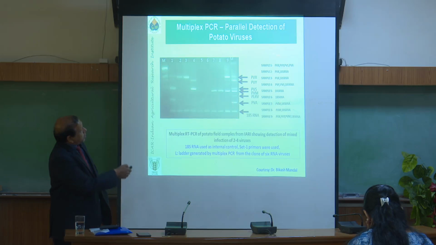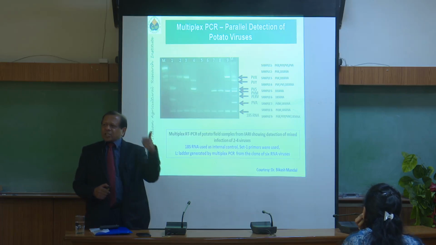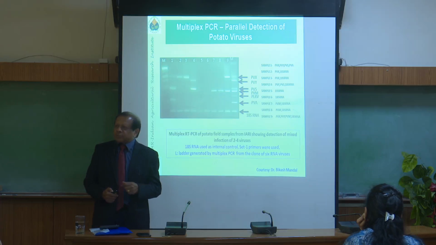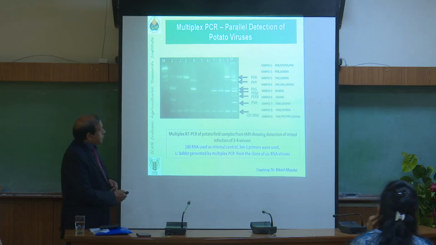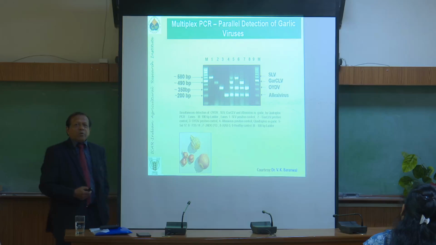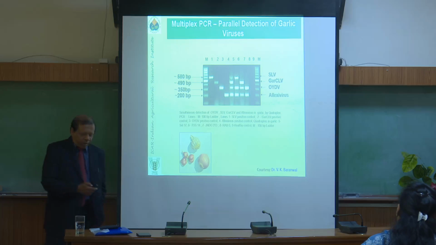So, you can see that for a large number of viruses, they have been able to develop multiplex PCR. In one reaction, you will be able to say which virus the given sample has and so forth. Similarly, Dr. Banwal and his group have been able to develop multiplex PCR for garlic viruses.